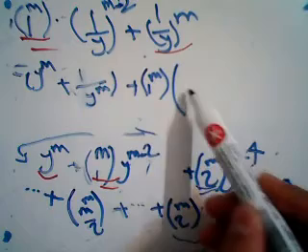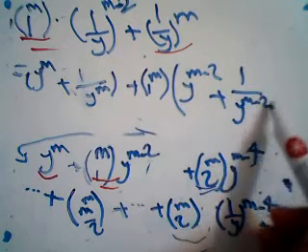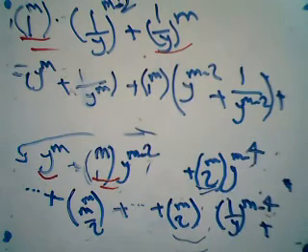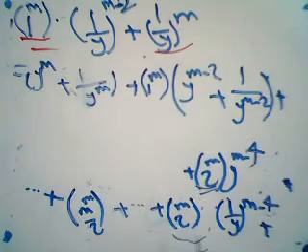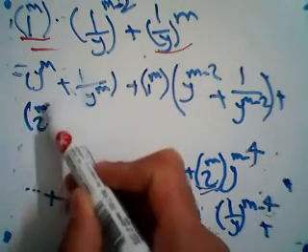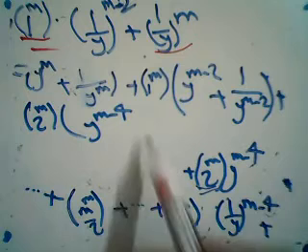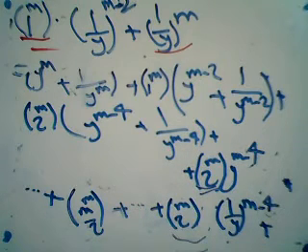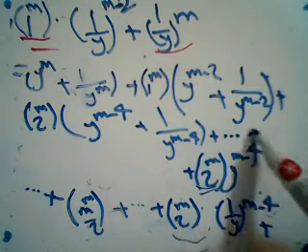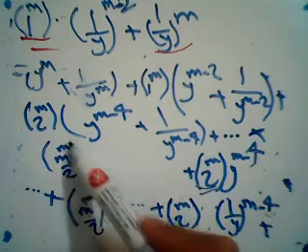That would be y to the n minus 2 plus 1 over y to the n minus 2, plus the next one, this times y to the n minus 4 plus 1 over y to the n minus 4, and we go this way, up to the long middle term with n half.